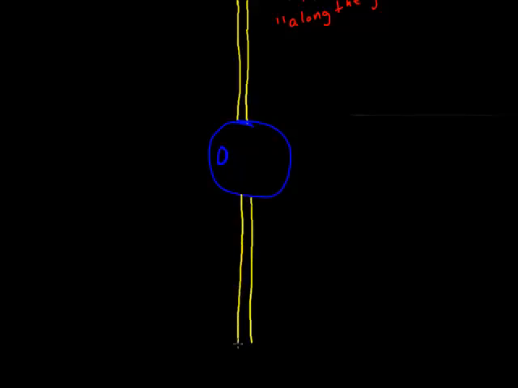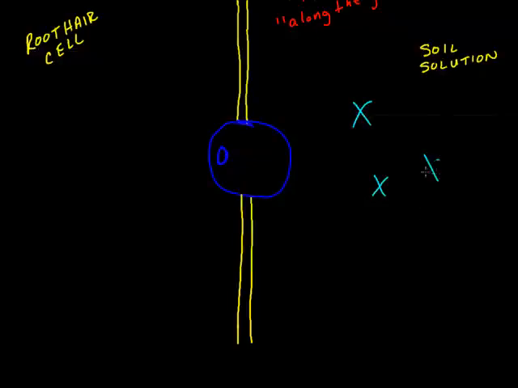Continuing our cell membrane, and again, remember, this is our root hair cell, the interior of our root hair cell. And out here is our soil solution, which is just the water in the soil. And floating around in the soil solution is some of this nutrient, let's just call it again nutrient X. And there's a few of them out there in the soil.